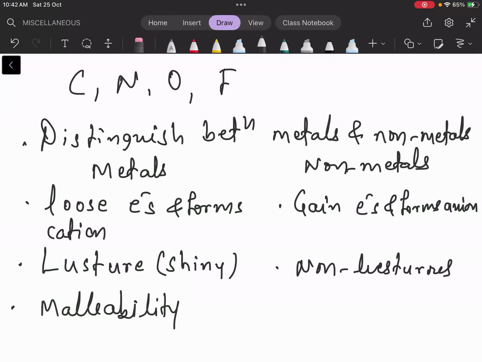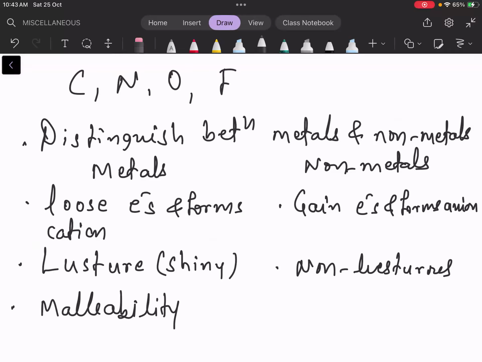That's why metals are called malleable, and the phenomenon shown by them is called malleability. Is there any doubt?